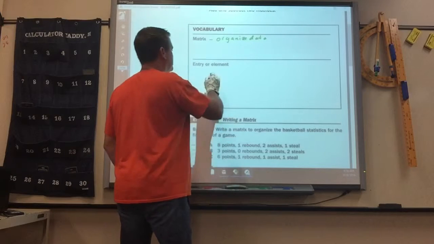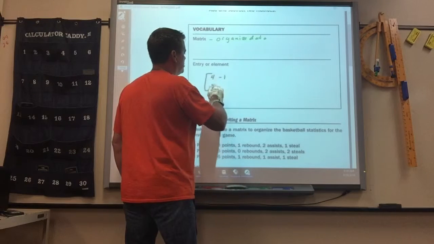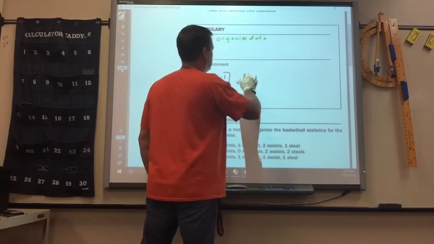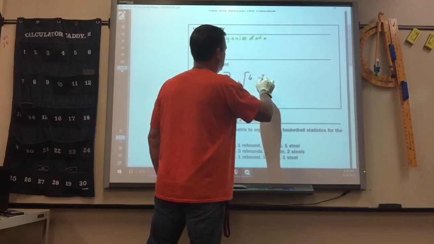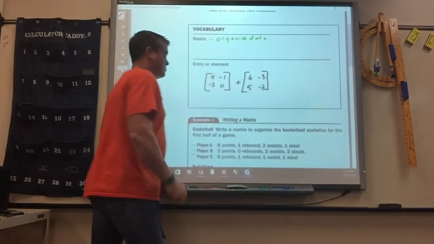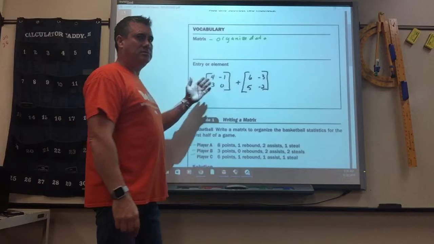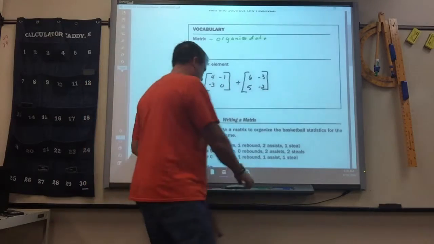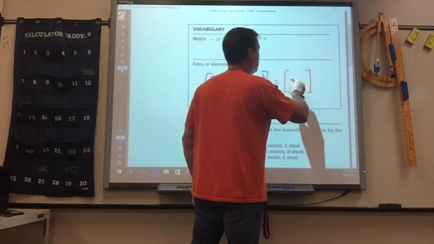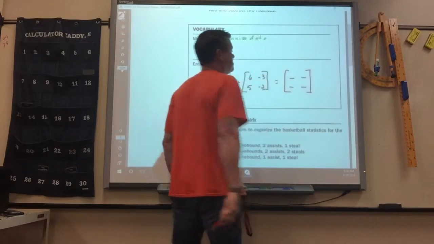When you add matrices, I'll just do a simple 2 by 2. When you add 2 matrices that are the same size together, you're going to get a matrix that's the same size. So it's going to have 4 numbers there.